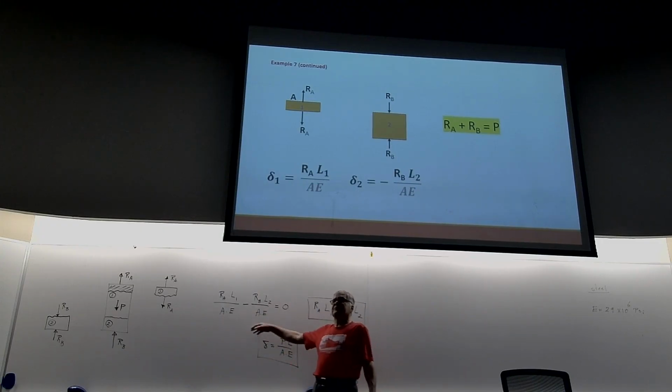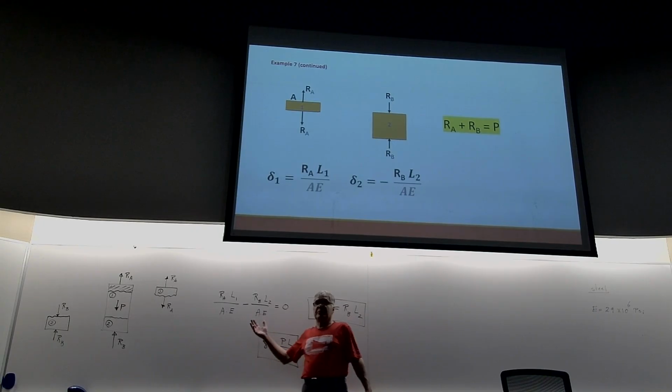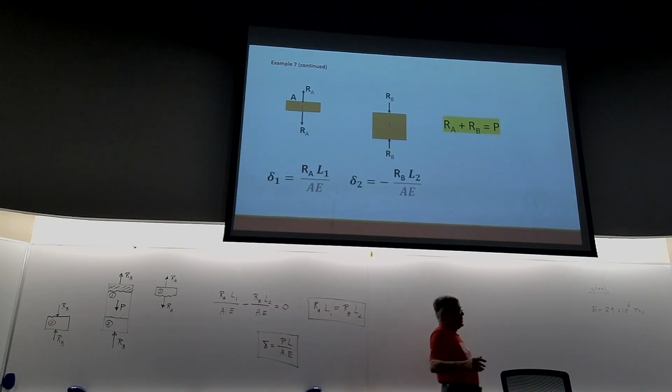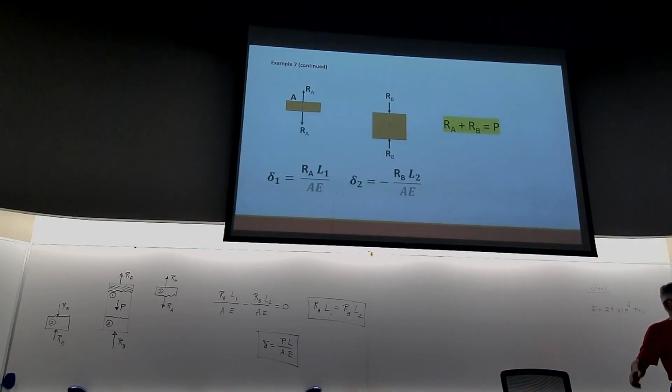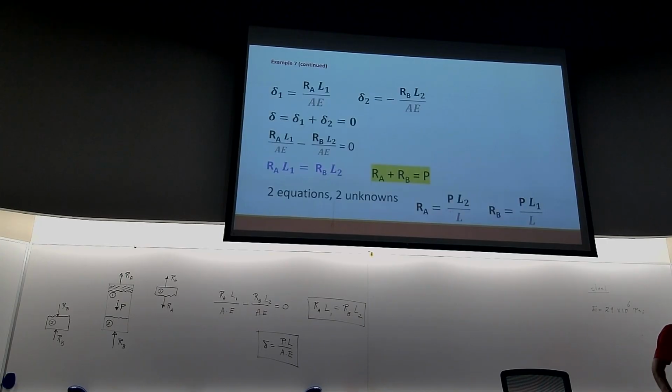One is positive, one is negative. When combined, we get 0. And the highlighted equation came from statics. And we solve, and the answers are shown at the bottom of this slide. Any questions about this? No?